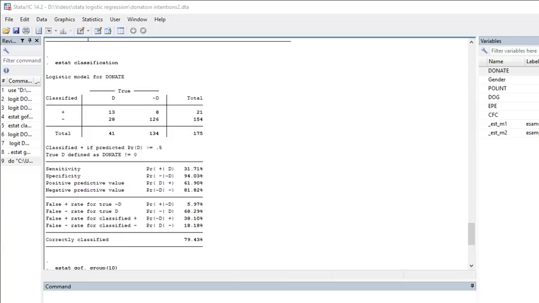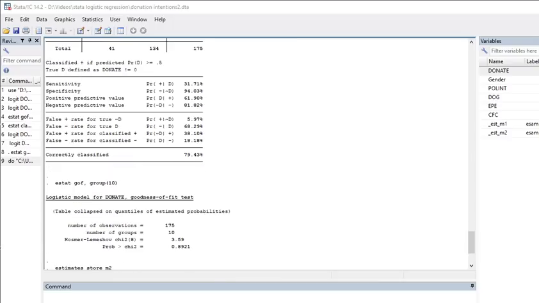You can see that we don't have much of a gain in terms of predicting who was going to express an intention to donate, or not. So really not much of a change in the overall classification accuracy or anything like that.